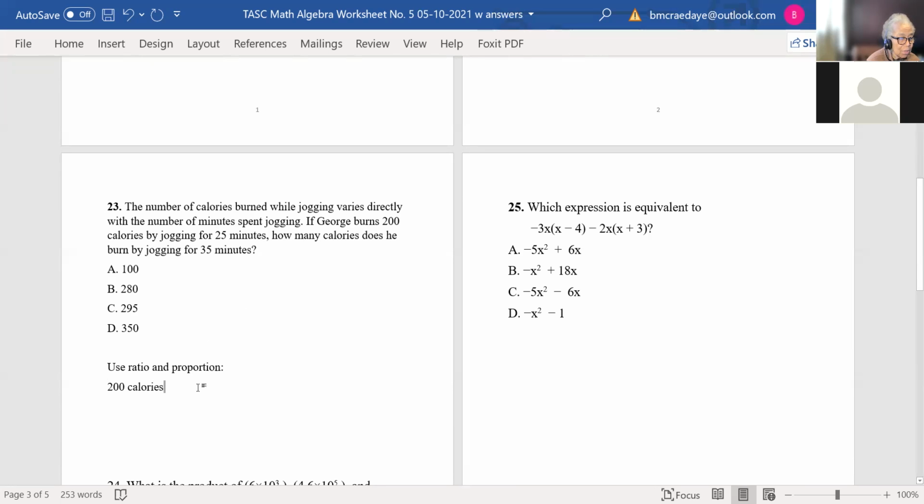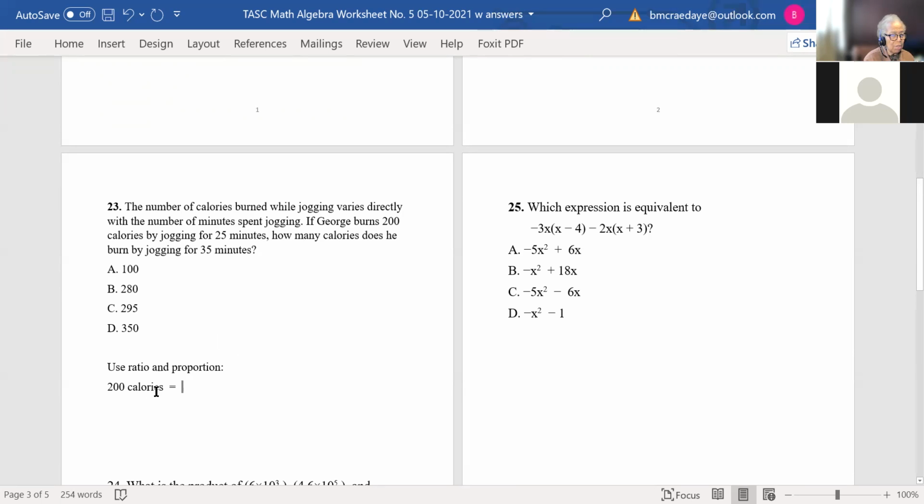Where did you put the X? I put 200. Then I put the X. Next to it. No. Ratios are like fractions, like numerator over denominator.